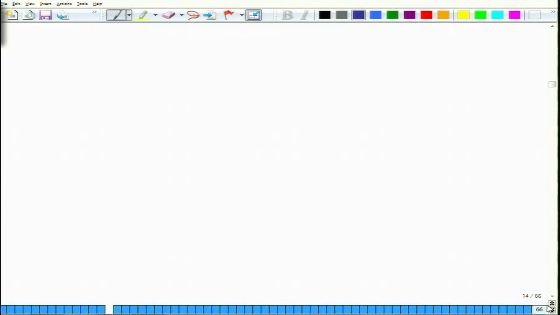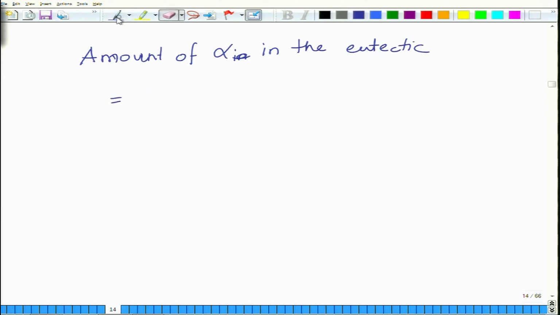The amount of alpha in the eutectic would be the amount of total alpha in the alloy minus pro-eutectic alpha.